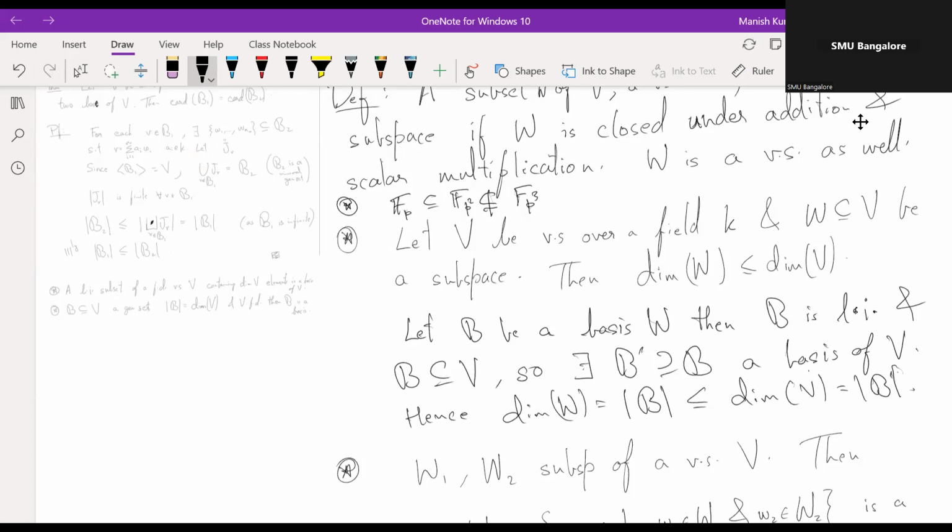So that proves the dimension of a subspace is less than or equal to the dimension of V.